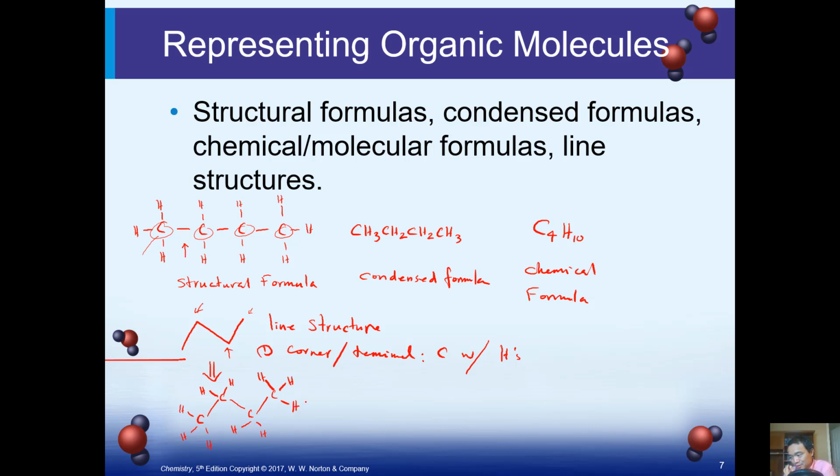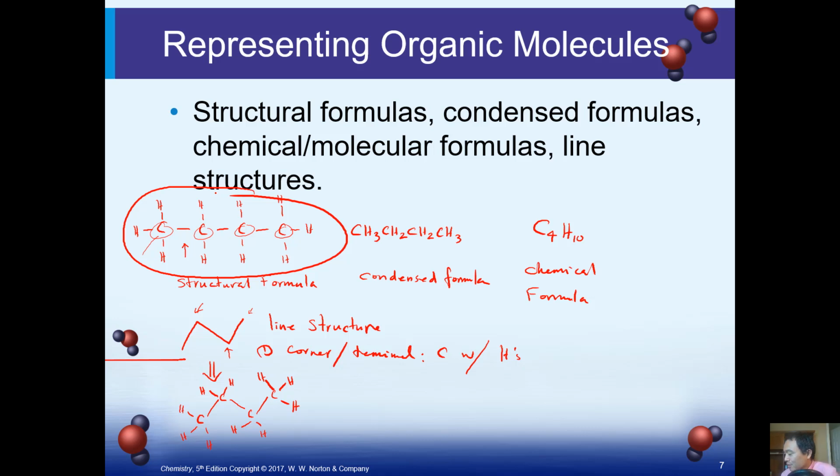So this is actually the structural formula we just rendered from the line structure. What is slightly different from the original one we have over the top is that now, rather than doing the horizontal way, we have a zigzagging way to do it. But it's also the complete picture of how the atoms are connected.